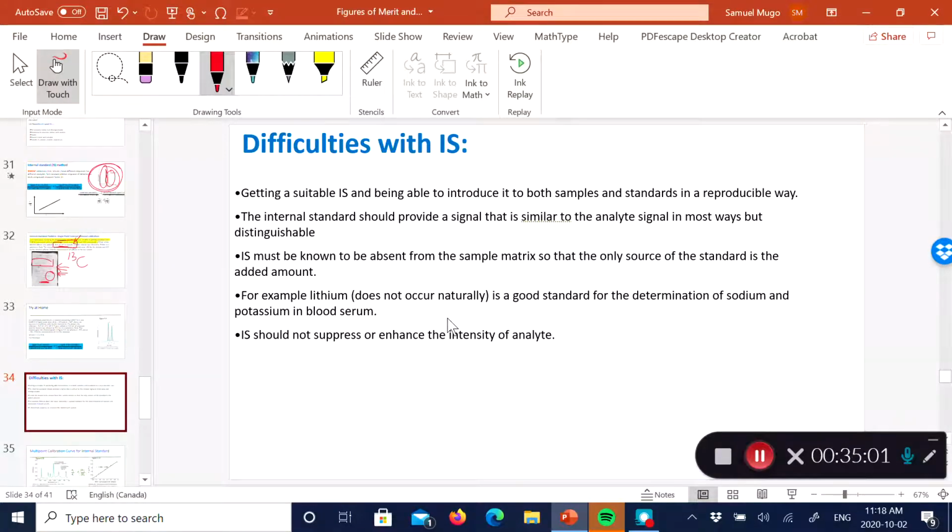Another big problem is to make sure that you introduce the internal standard reproducibly in both the analyte as well as the standards. And in most cases, you're spiking very small volumes. And so it's very difficult to reproducibly introduce the internal standard into the standard solutions as well as the unknown. And so that adds a little bit of error.